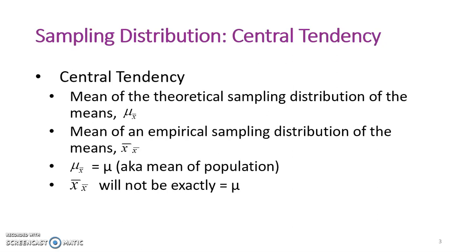The mean of the theoretical sampling distribution of the means will equal the actual mean in the population. This property is related to what we talked about in the previous lecture. The mean of the empirical sampling distribution of the means will not be exactly equal to the actual mean in the population.